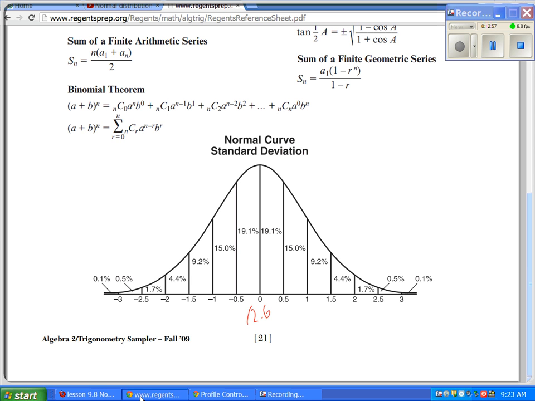And then it tells me the standard deviation is 1.5, so what is half of a standard deviation? 0.75. So 0.5 standard deviations above the mean is 13.35, and one standard deviation above the mean, 14.1.